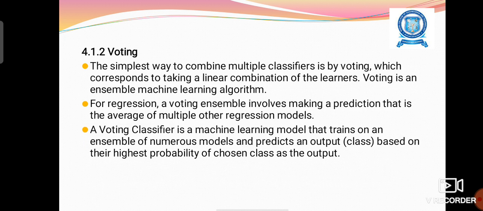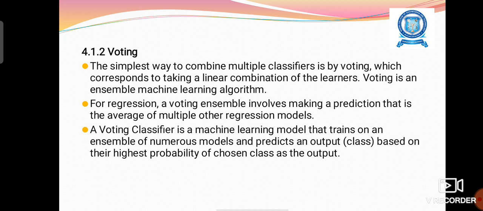Voting. The important method used for combining multiple learners is called voting. The simplest way to combine multiple classifiers is by voting, which corresponds to taking a linear combination of the learners. It is an ensemble machine learning algorithm. For regression, a voting ensemble involves making a prediction that is the average of multiple other regression models.